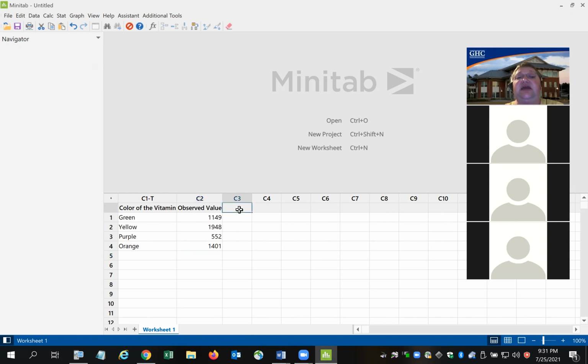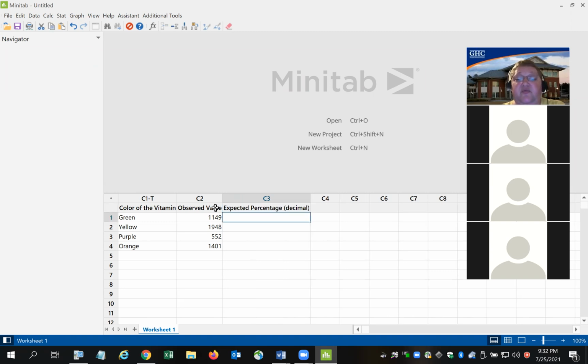Now, this one is specified or specific proportions because they've told us we should have 20% green, 40% yellow, 10% purple, and 30% orange. So I have to have a third column here with the expected percentage. And you're going to enter that as a decimal.